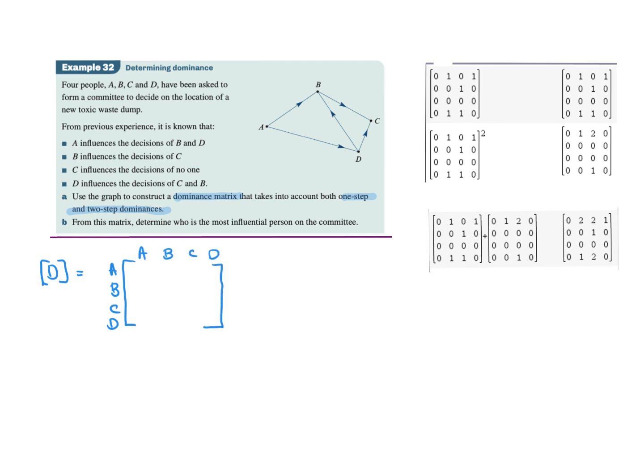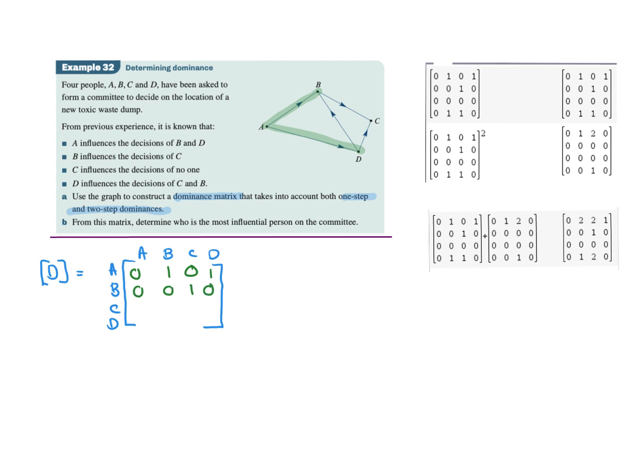With dominance, the arrows will only go one way because only one person wins. If we look here, A beats B and D, so if I was filling in this dominance matrix, we will see the 1s on there. B influences C, so the rest is 0.